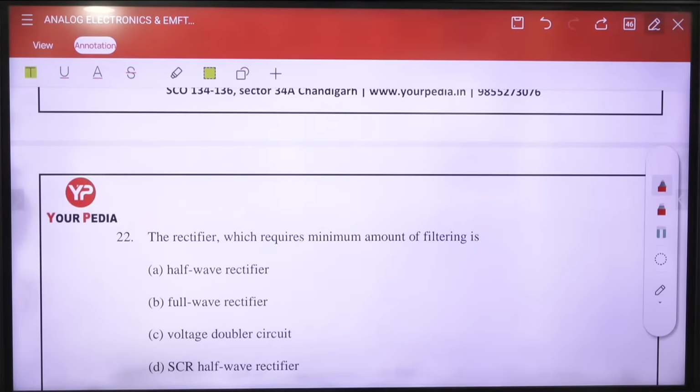Okay. Right, B is the answer for this one, full wave rectifier.